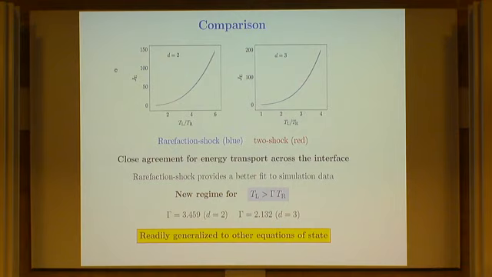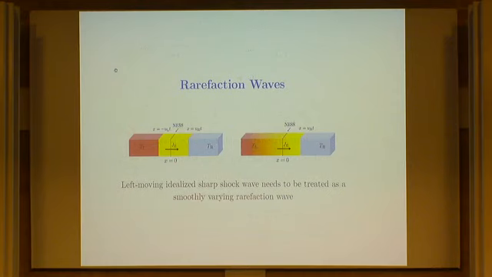But actually, the rarefaction solution gives you an extra wrinkle that wasn't there previously in the simple shock picture. If you imagine that you have some kind of shock wave emanating out from this region, and that it is broadened and continues to broaden, at very low temperature differences you might imagine, I'm not proving this, that the shock waves don't broaden very much, and so they just propagate outwards, and you're left with a nice homogeneous steady state.